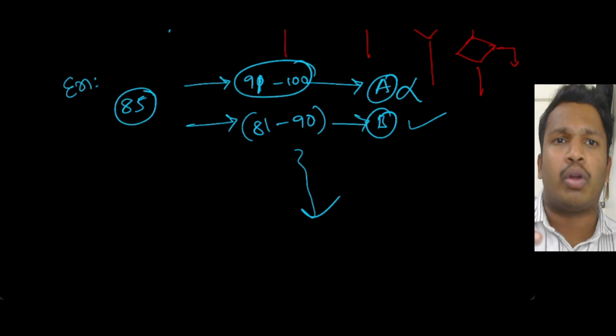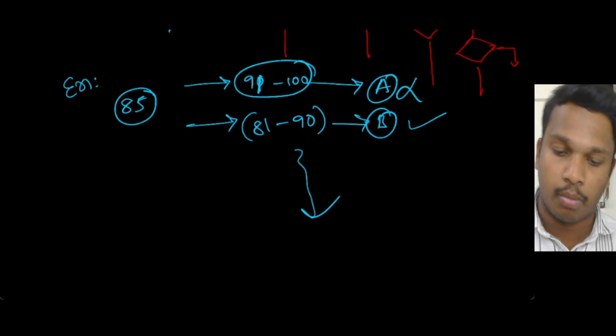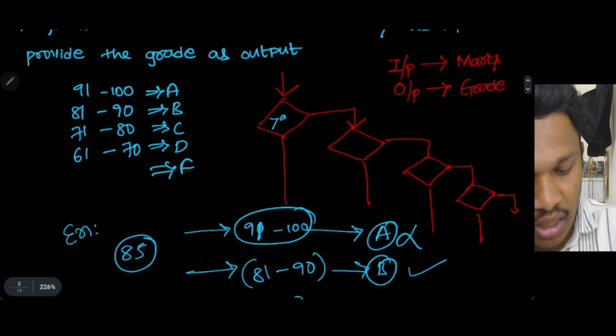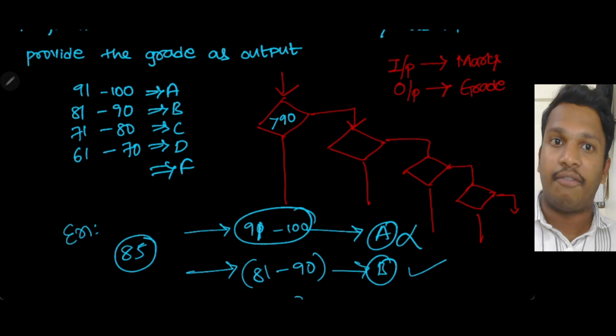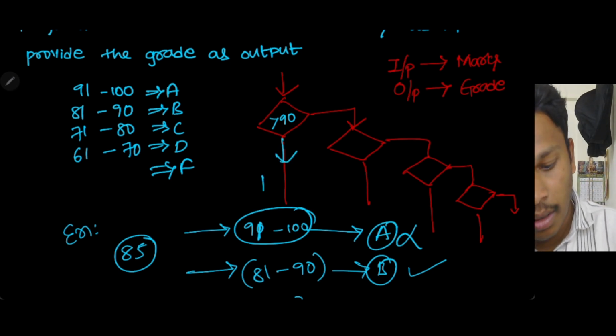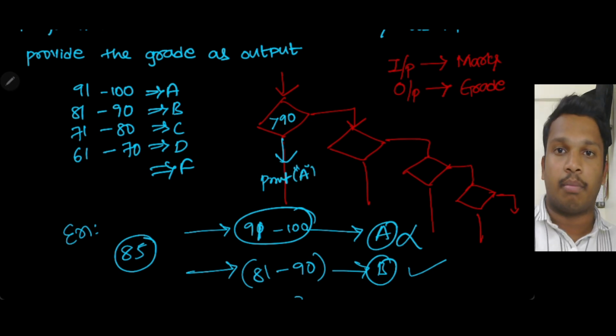Similarly, we will write the program the same way we solve the problem. First, we add a check whether the marks is greater than 90 or not. If the marks is greater than 90, we simply print A, because it's a grade.